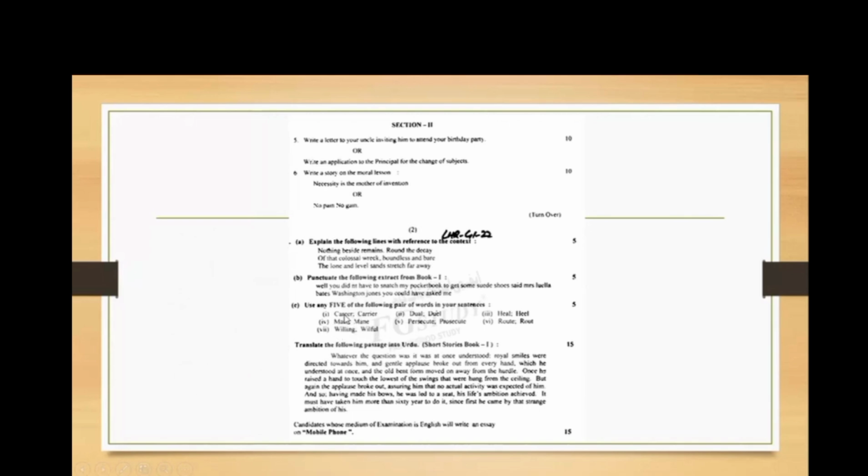Here, pairs of words are given, and you have to make correct sentences of the given words. Now, the last question is to translate the following passage into Urdu. This passage has been taken from book 1, the short story mentioned here, and you have to translate it into Urdu for 15 marks, or you can write a paragraph on mobile phone.